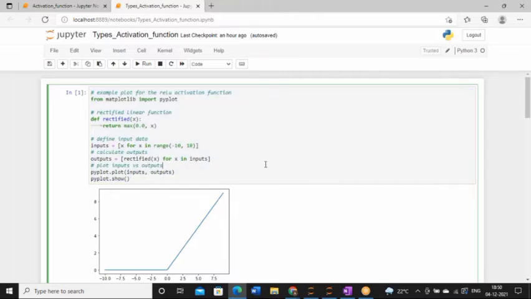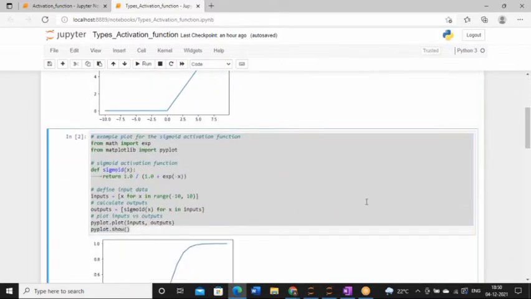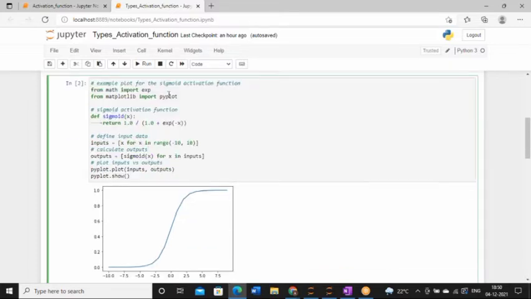Now the next activation function is the sigmoid activation function. As I have stated, the basic formulation is the same. First you use pyplot, and then you just write a function where you calculate the sigmoid. The sigmoid activation function is calculated as 1.0 divided by 1.0 plus exponential of minus x, where the exponential is a mathematical constant based on natural calculation.